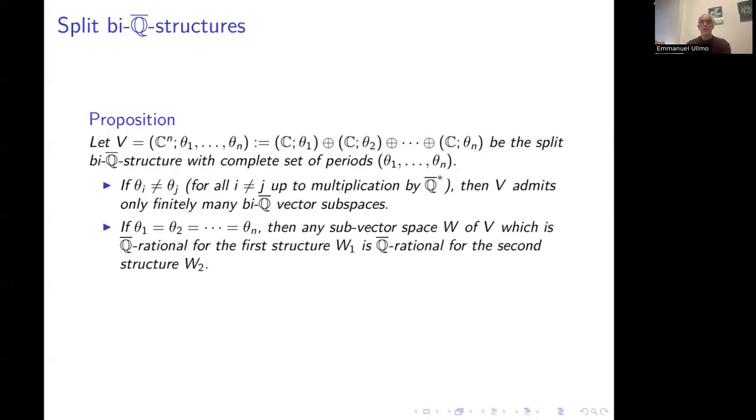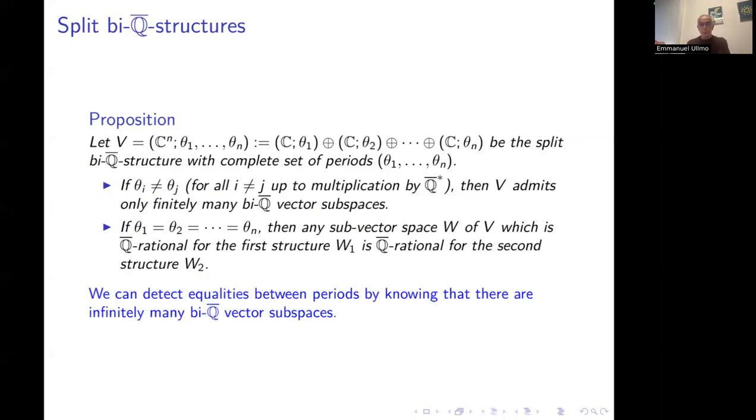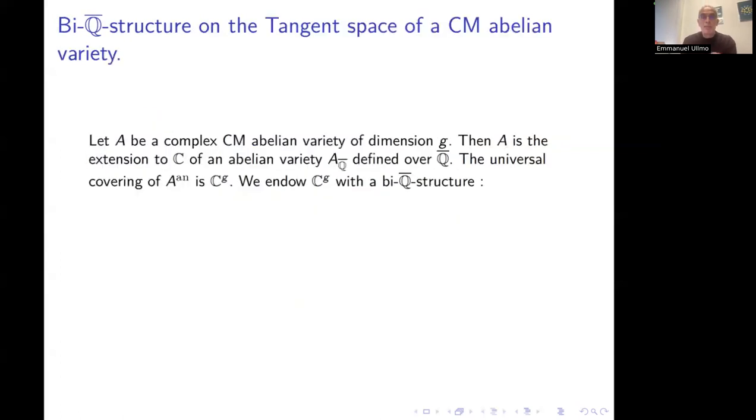But if, for example, all the θi are equal, then any subspace W of V which is Q-bar rational for one structure is Q-bar rational for the other. So in this case, you have infinitely many B Q-bar subspaces. So the thing to keep in mind is that we can detect equalities between periods by knowing that there are infinitely many B Q-bar vector subspaces. It's a principle that we can use.